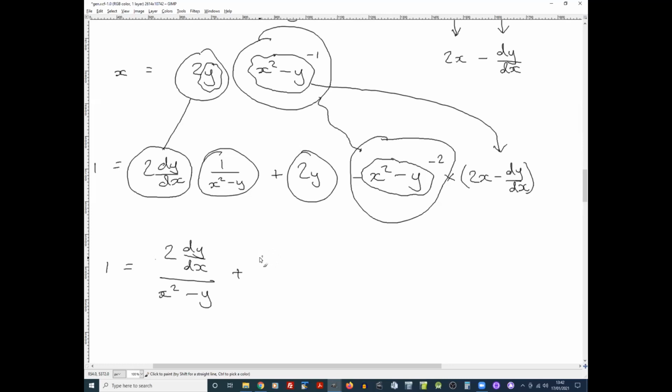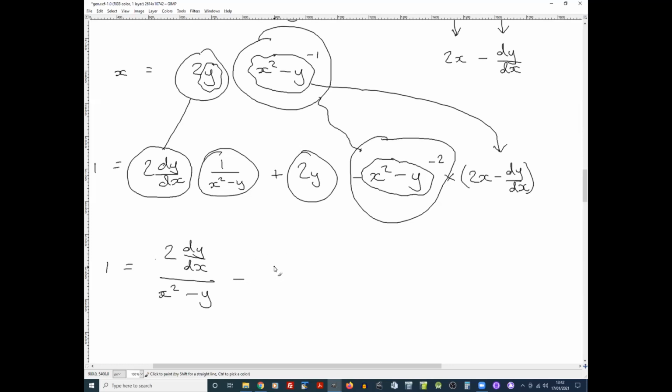Well, I would rather keep it as a plus if we're going to have another fraction here. Otherwise, I think we're going to get sign trouble. I don't know which is best. Let's see what happens.